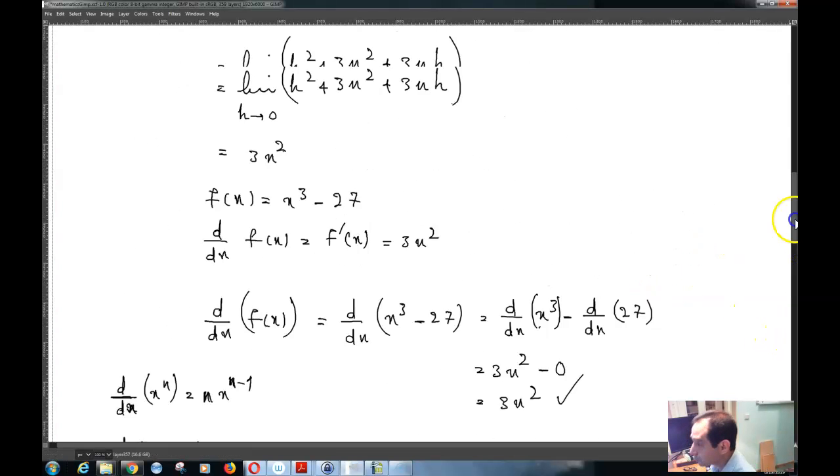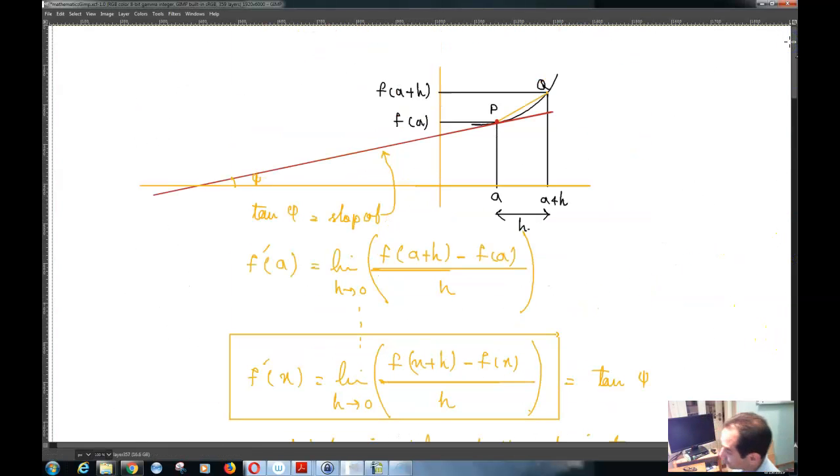Okay, so the next question that we have here is the derivative of some other function, and it seems to be a little bit tricky. I did do this twice, and let's see if we can do it this time, because I made mistakes.